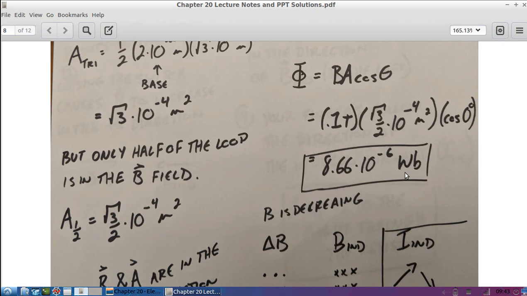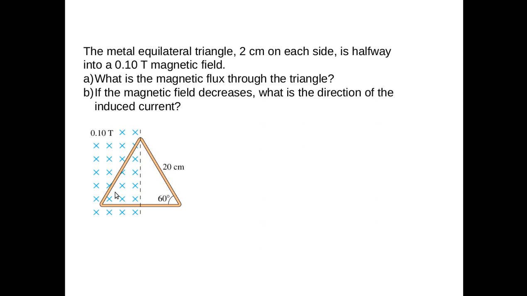All right. And maybe, if you want to turn this into a different problem, you can say in 2 seconds the magnetic field moves to where the entire triangle is in the presence of a magnetic field. So you could calculate delta A, right?